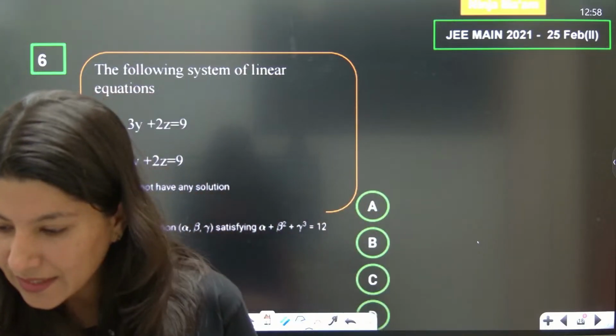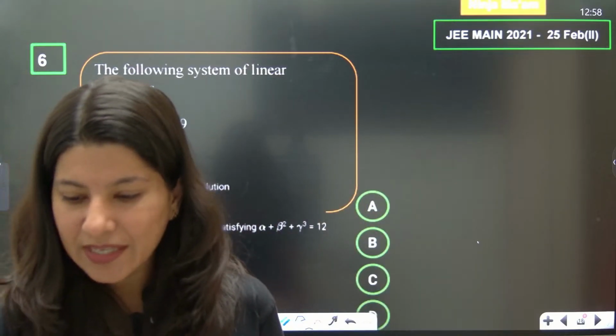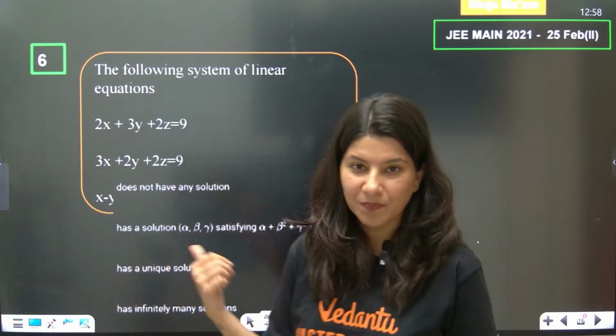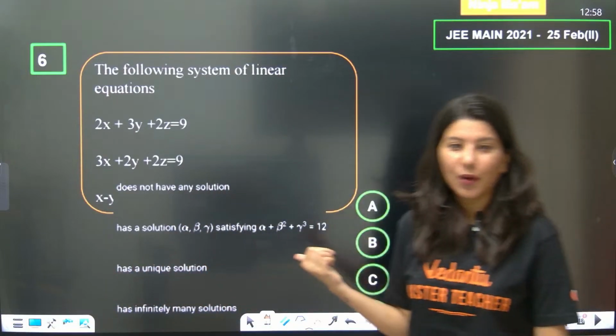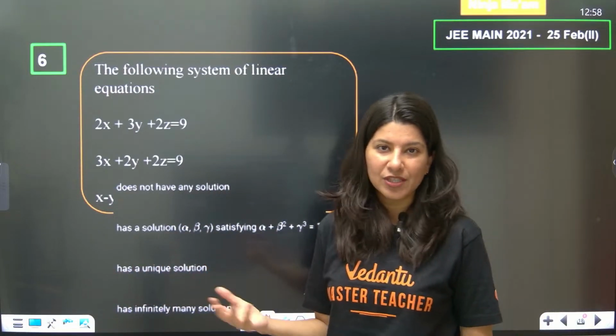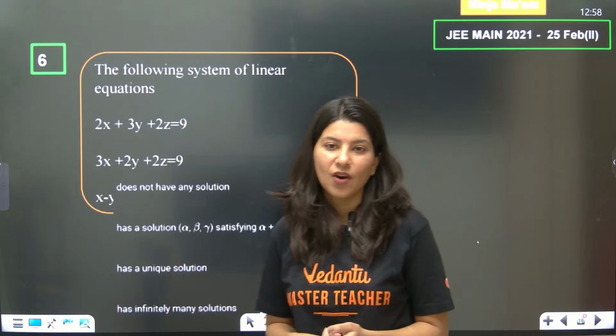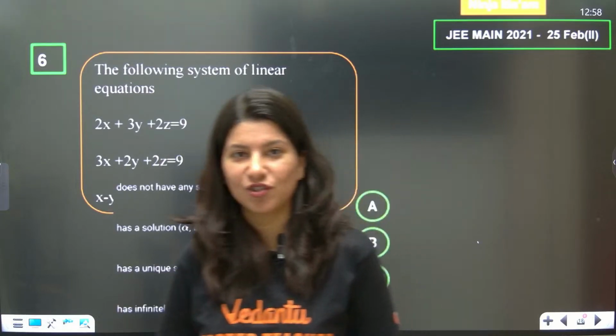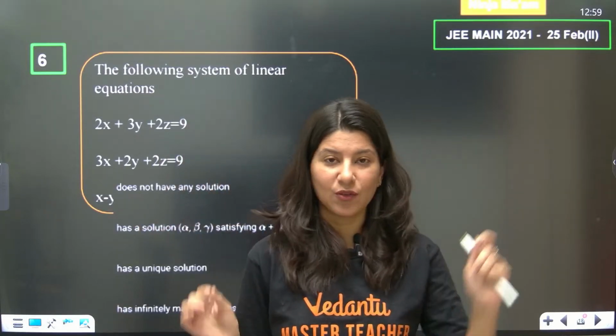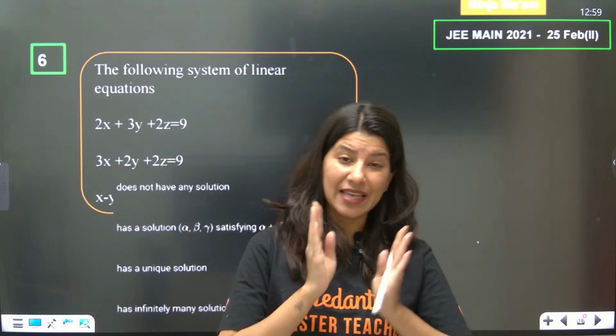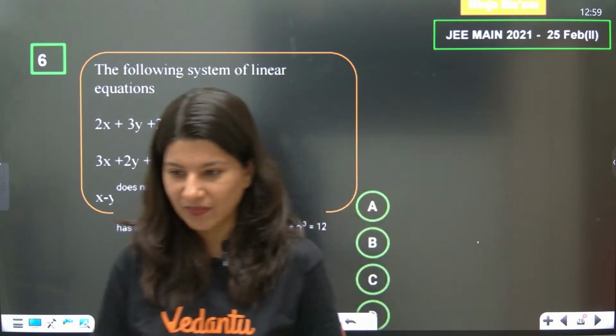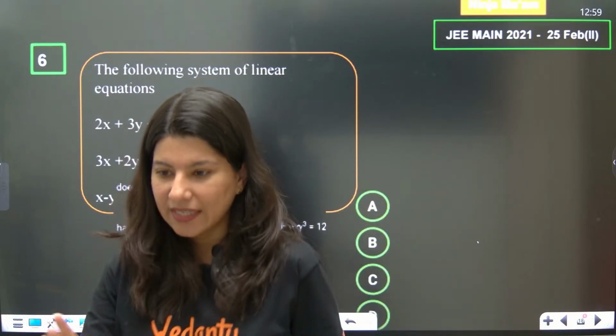Next question ready? Now this question will definitely be there in your paper, because it is a very popular question. I think everybody preparing for JEE should be aware that system of linear equations will be there in each and every shift. Yes or no? Tell me in the chat box.